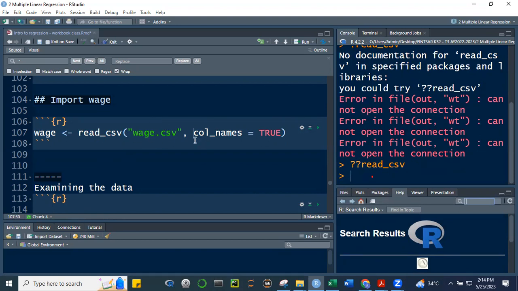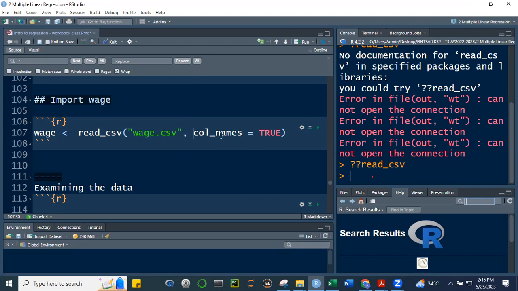Tapos, dinefine natin kung ano yung file na yun. Okay, we don't need to define kung ano yung file location kasi yung data na to, okay, it's already loaded in the R project, in the folder that we're using for the R project. So that's why this is another reason why it's best to work in an R project. Tapos andoon yung mga files. It makes simple the accessing of data.